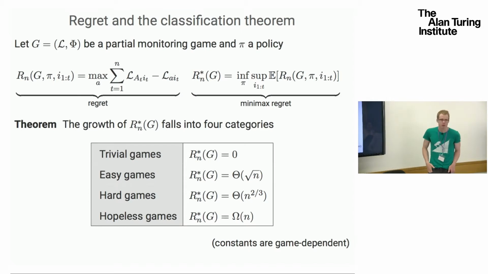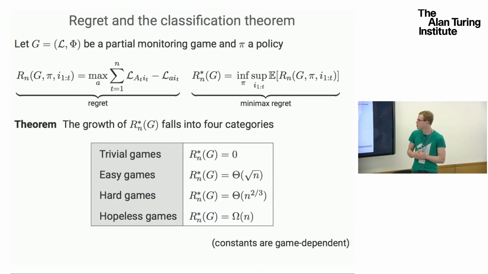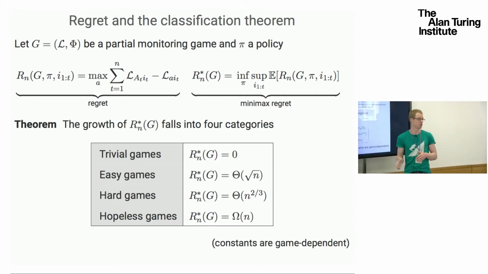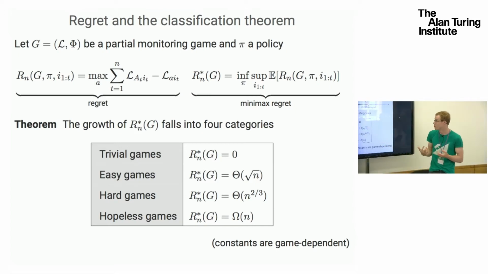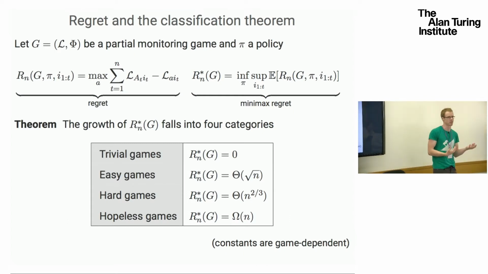And the interesting thing about partial monitoring is we have a theorem that classifies the minimax regret into 4 harsh boundaries, at least as n is getting large, which is either a trivial game where the regret is 0, so you just know what to do. There are so-called easy games, which are the hardest to work out how to play, but that's where you get square root n regret. And then there's a gap, and it goes up to n to the 2/3 regret. And then finally, there's hopeless games where the regret is linear.